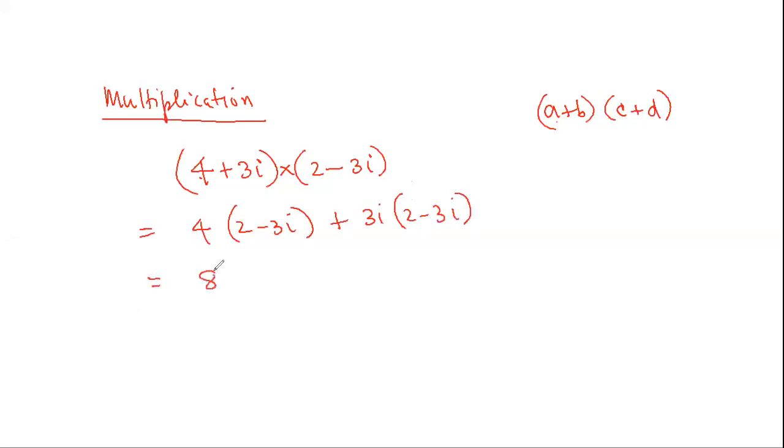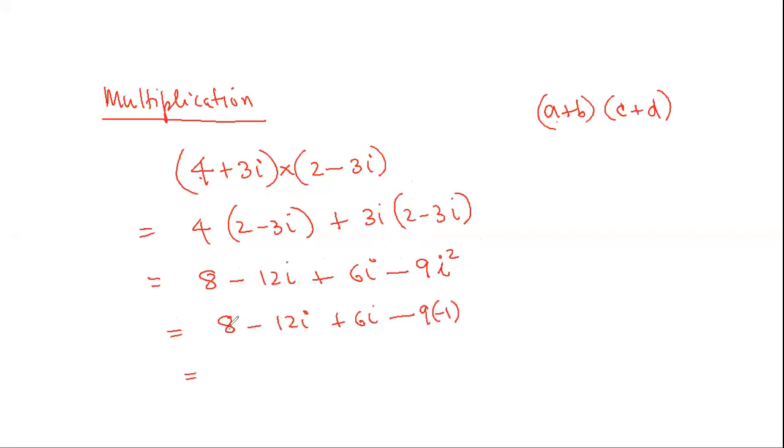When you open the bracket, 8 minus 12i plus 6i minus 9i square. Is it right? Yes. And what is i square? Minus 1. So minus 9 into minus 1 becomes plus 9.